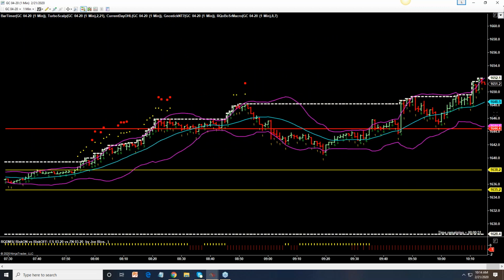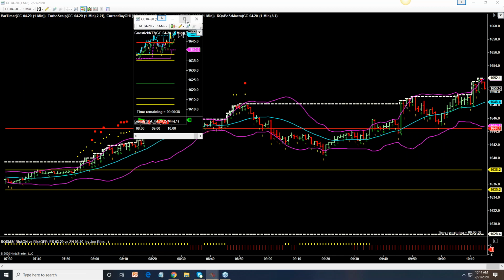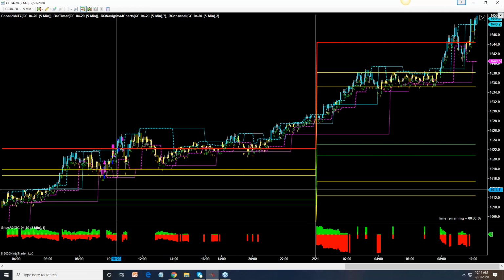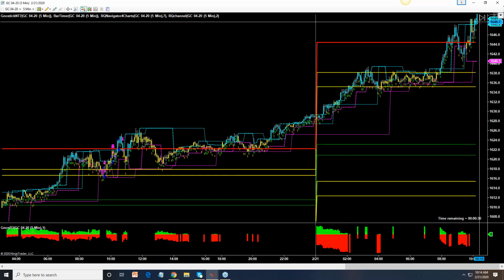If you had bought one gold contract Wednesday morning at 6 o'clock, let me show you what that would look like on a 5-minute chart here. I would have been back over here at my crosshair. That's a $3,500 move to this.